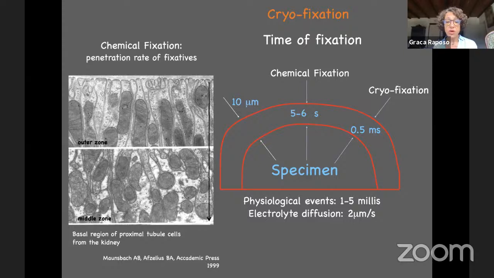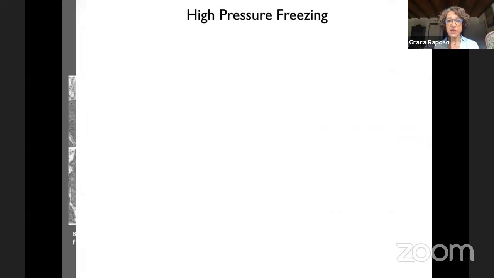So when you have events that are very dynamic in cells, like endosome dynamics, we are never sure that when using chemical fixation we are fixing at the right time. So it's true that cryofixation is, when possible, a very good option.